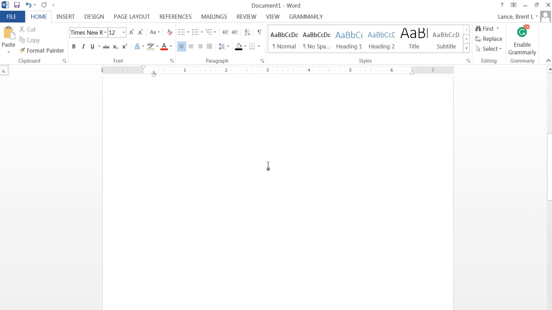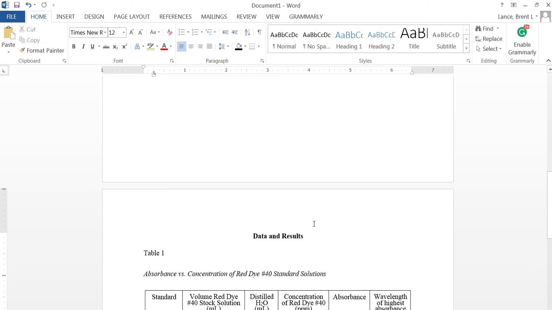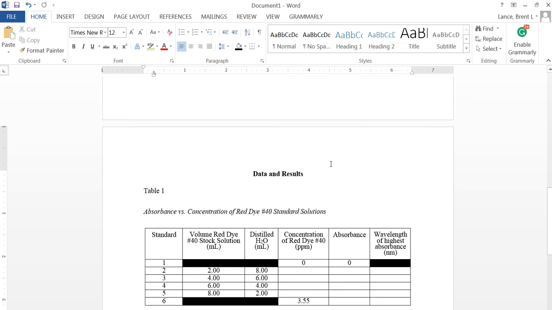In the data and results section, you have to do Table 1, and notice that that's the way this is written. Then this is italicized. It's still Times New Roman 12-point font, but it's absorbance versus concentration. So that's your dependent variable, absorbance, what was graphed on the y-axis, and your concentration was your independent variable.